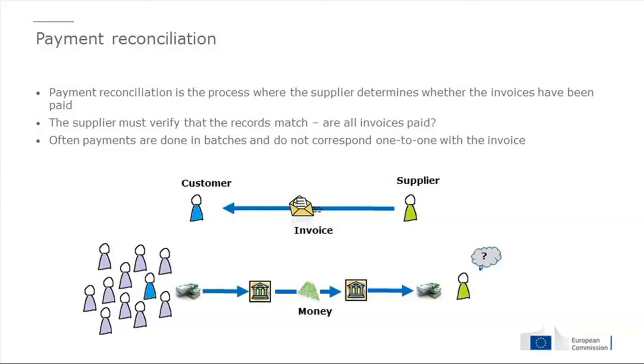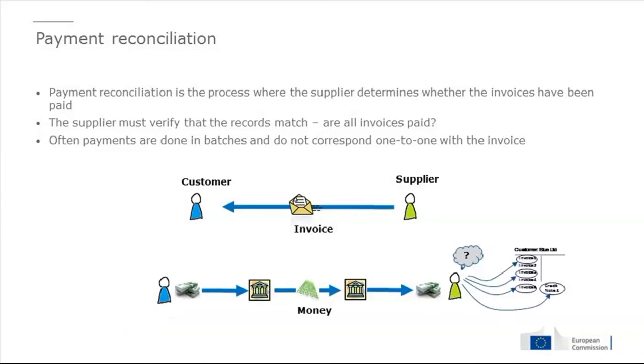For example, you might have an invoice and a credit note, which is crediting half of the value of the invoice, and the customer is just paying then half of the amount. So the amount is not what you find in the invoice. It's a consequence of the invoice plus the credit note. So this is a challenge for the supplier because they need to connect each payment to the transactions in their systems.